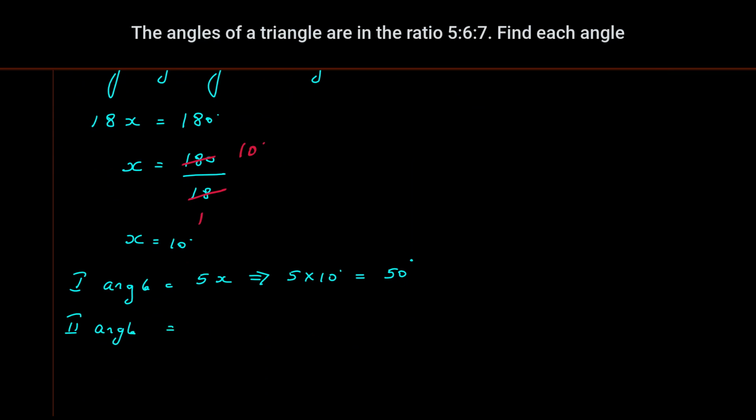Let's take the ratio corresponding to the second angle, which is 6x. So 6 into 10 degrees, which is equal to 60 degrees. And what is our third angle? The third angle is equal to 7x, right? So 7 into 10 degrees, which is equal to 70 degrees.